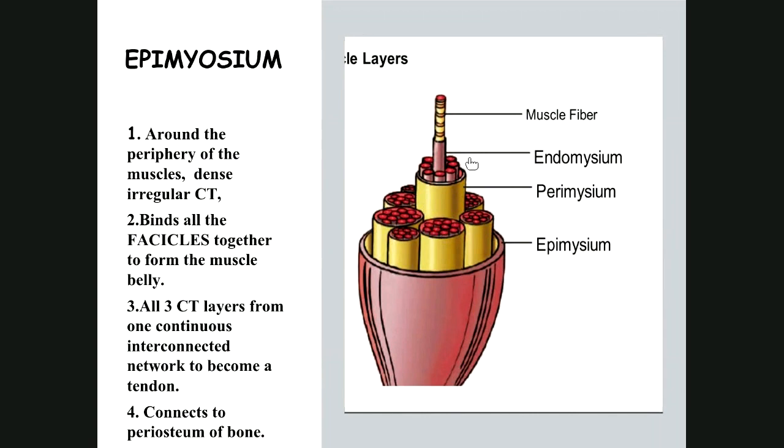So again, all of this connective tissue includes the epimysium around the entire muscle itself, the perimysium, which is the connective tissue around the fascicle, which is made up of little tubes of muscle cells. Then the connective tissue around one of these tubes is called the endomysium.